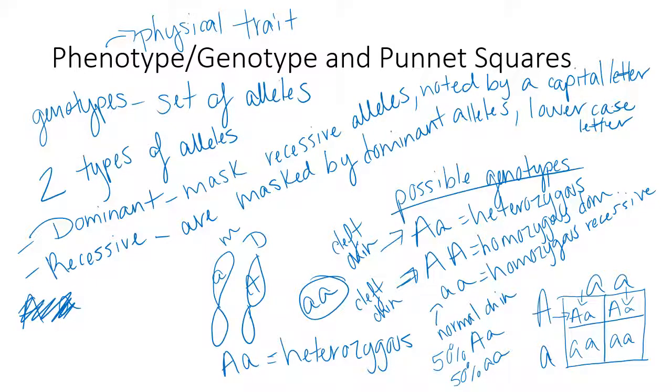So those are the genotypes. These are the phenotypes here. So 50% chance that they will be, remember it's heterozygous, we have a dominant, so 50% chance they will have a cleft chin, and a 50% chance they will have a normal chin.